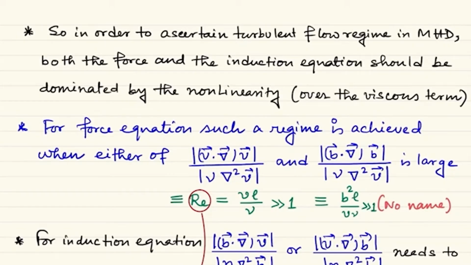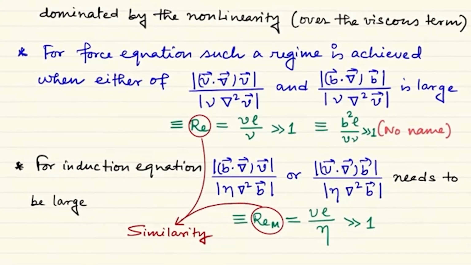So when it is small and the magnetic field is, let's say, large, there will be a non-trivial competition to look at, and in certain cases that can be interesting. But for our current case, we will simply talk about a large Reynolds number being the necessary condition for the dominance of nonlinearity in the force equation.